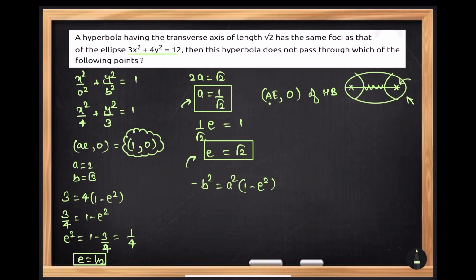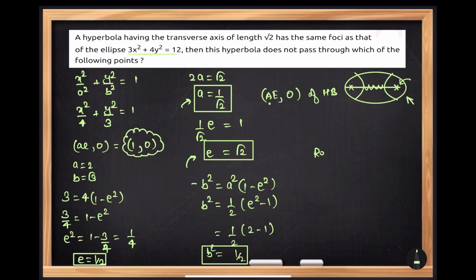So we will try to calculate here. Can I send this minus to that side? So b square will be equal to a square, a square means 1 by 2, and here we will write e square minus 1. So we got 1 by 2. e is root 2, so e square will become 2. 2 minus 1 is 1. So b square we got as 1 by 2, correct? Now look at this.